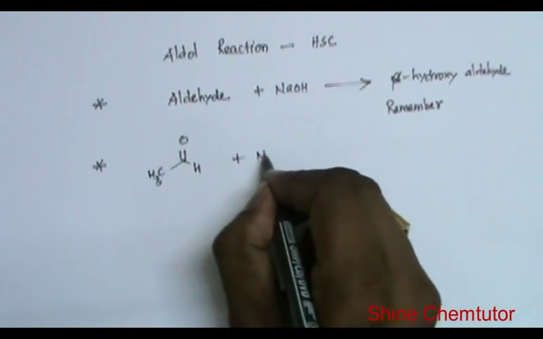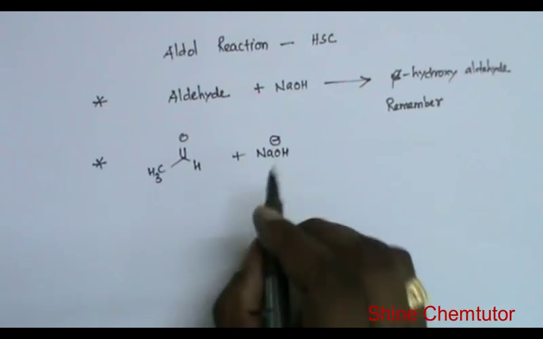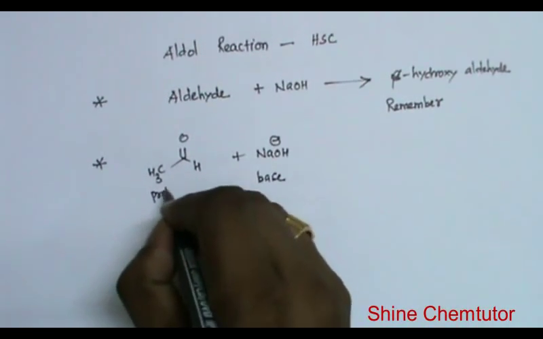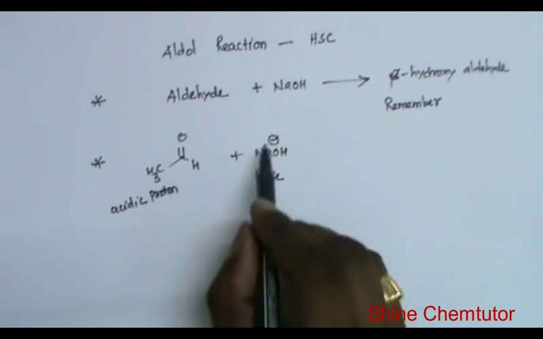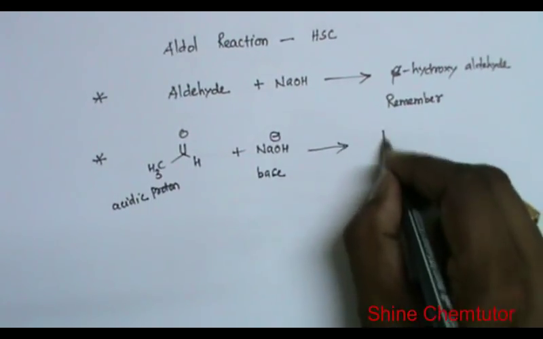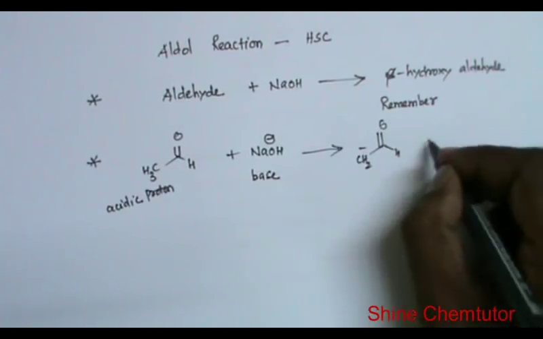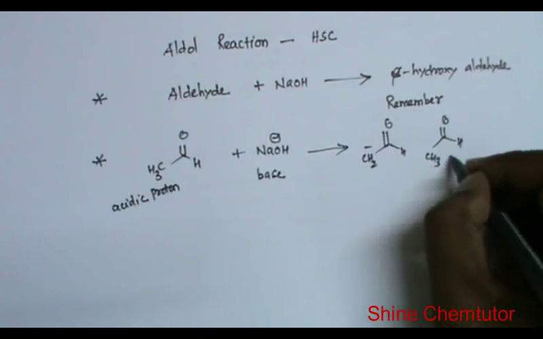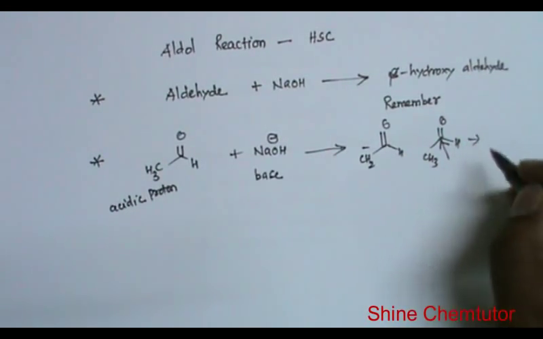When I add sodium hydroxide to this, sodium hydroxide is a base. This proton is acidic. The base takes this proton. We get a carbanion. The carbanion is a nucleophile. It attacks another aldehyde's carbonyl carbon to give the product.